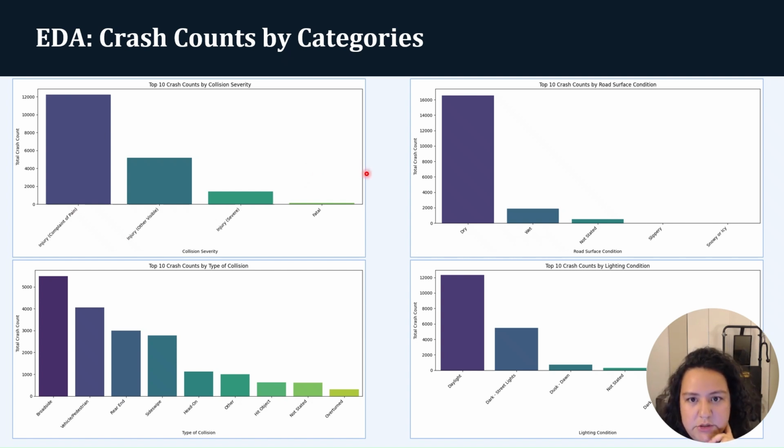The road surface chart shows that the vast majority of crashes occur on dry roads, which seems counterintuitive, but we'll cover this phenomenon later in the presentation. Same with most crashes occurring in the daylight. The collision type chart shows that broadsides and vehicle-pedestrian crashes are the most common types of crashes, followed by rear end and sideswipe.